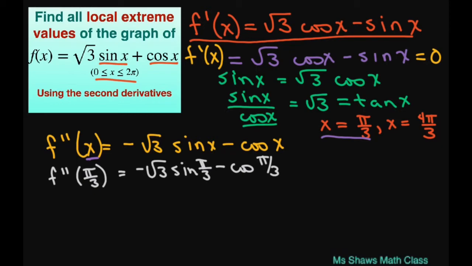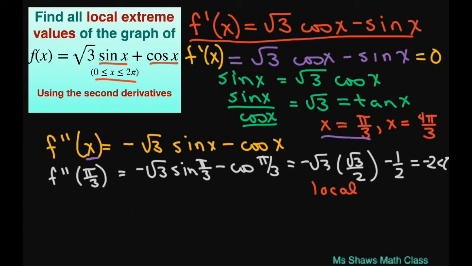This is going to give you negative square root of 3 times square root of 3 divided by 2 minus 1/2. This is going to equal negative 2. Now, negative 2 is negative. Since it's negative, this is going to be a local maximum. And I'm going to show you the graph in just a minute.